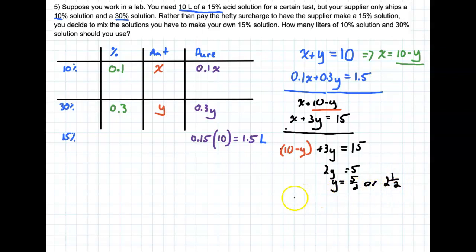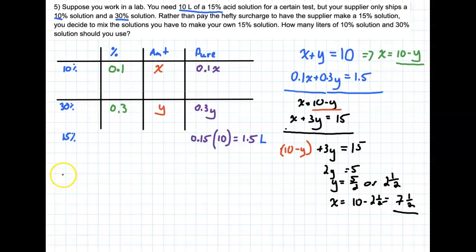And we can test it too. So then how do we find out what the value of x is? Well, x is just 10 minus 2.5, which is 7.5. Right? So we've got 7.5 of the 10%, and we've got 2.5 of the 30%. So that's our answer.